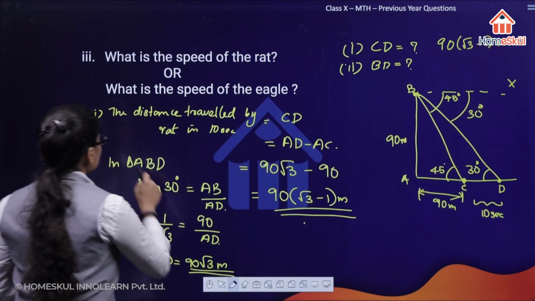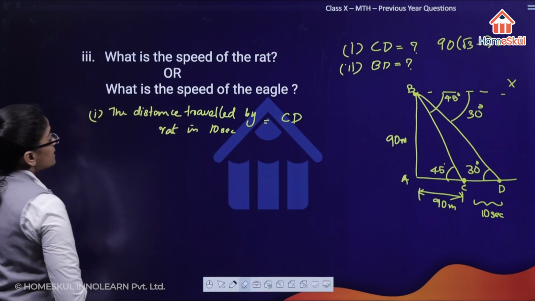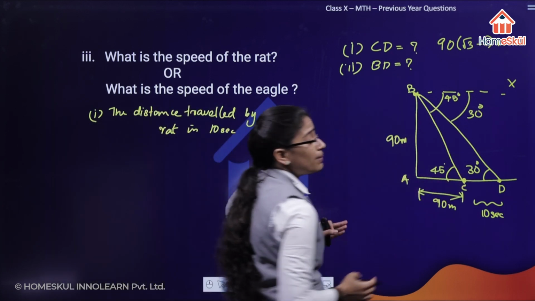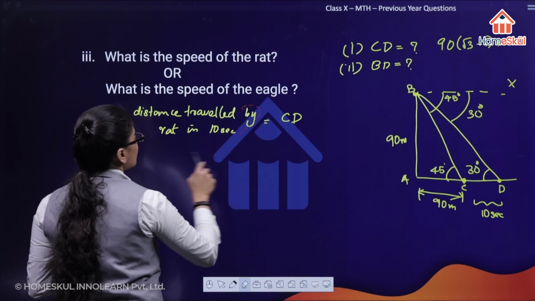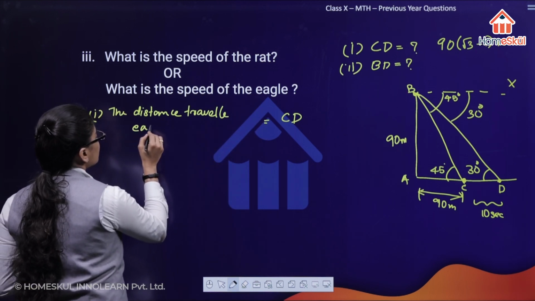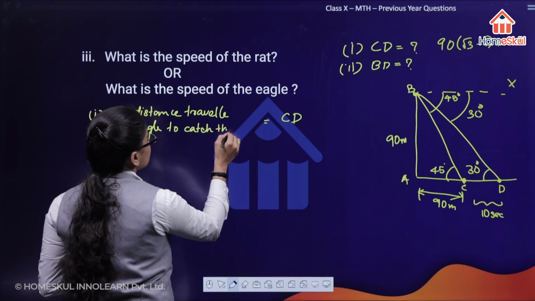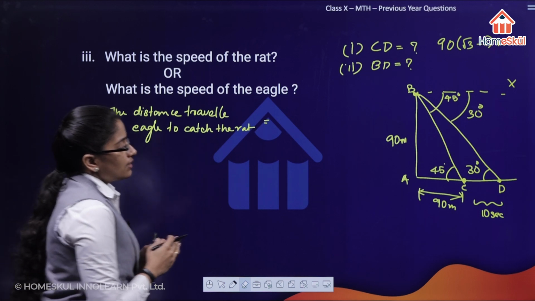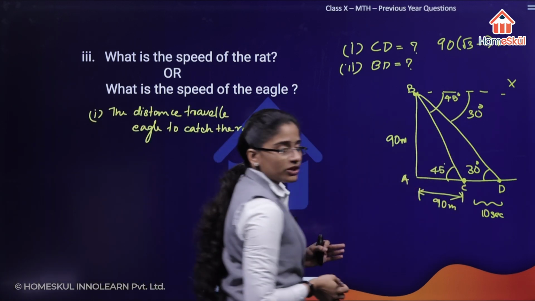Clear? Now the second sub question. We need to find out BD. BD means the distance traveled by the eagle to catch the rat. There we could consider opposite side by hypotenuse, isn't it?